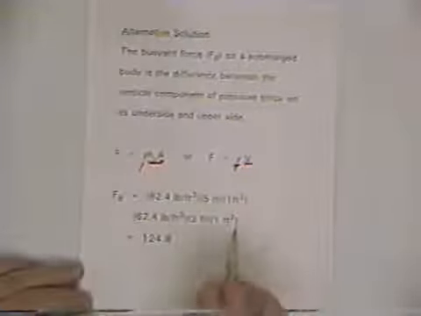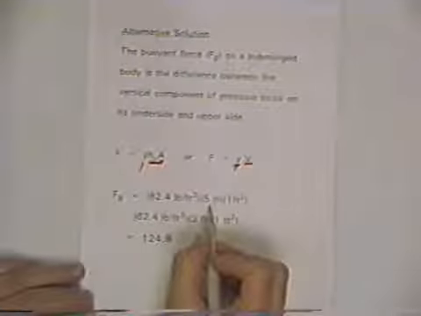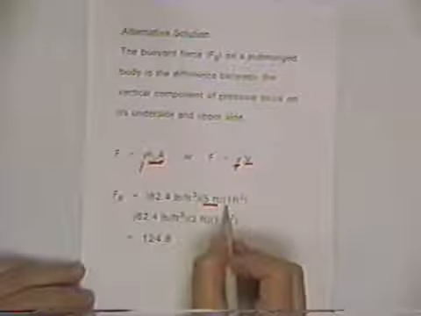And so to compute the buoyant force, acting on the underside is 5 feet deep. There's 5 feet of head. We got an area of 1 square foot. We've got a unit weight of 62.4 pounds per cubic foot.